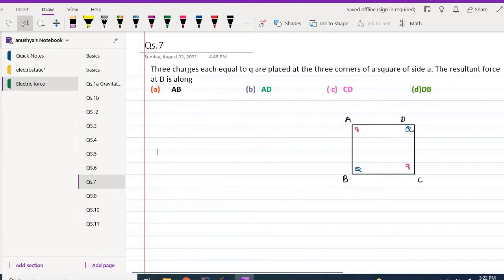Next is three charges each equal to Q are placed at the three corners of a square of side A. The resultant force at D is along.